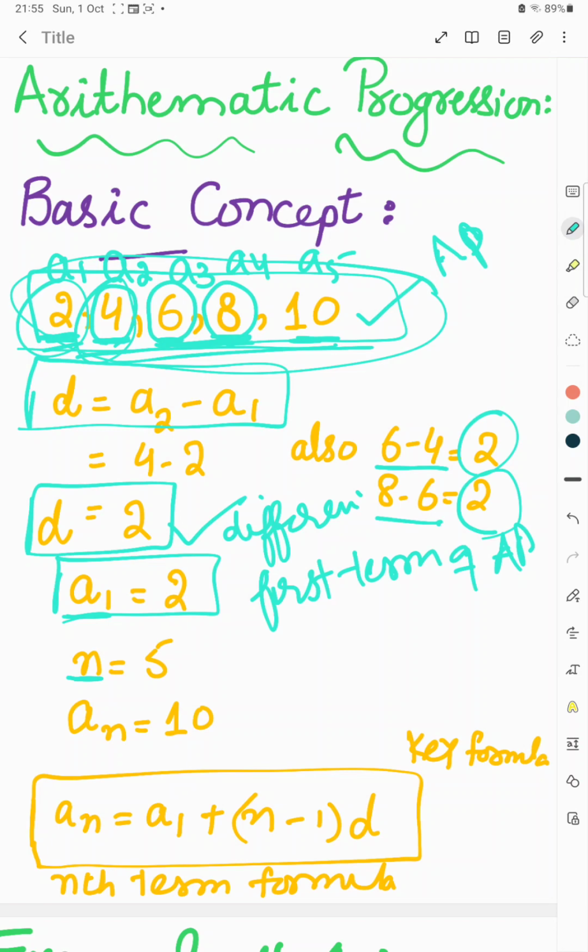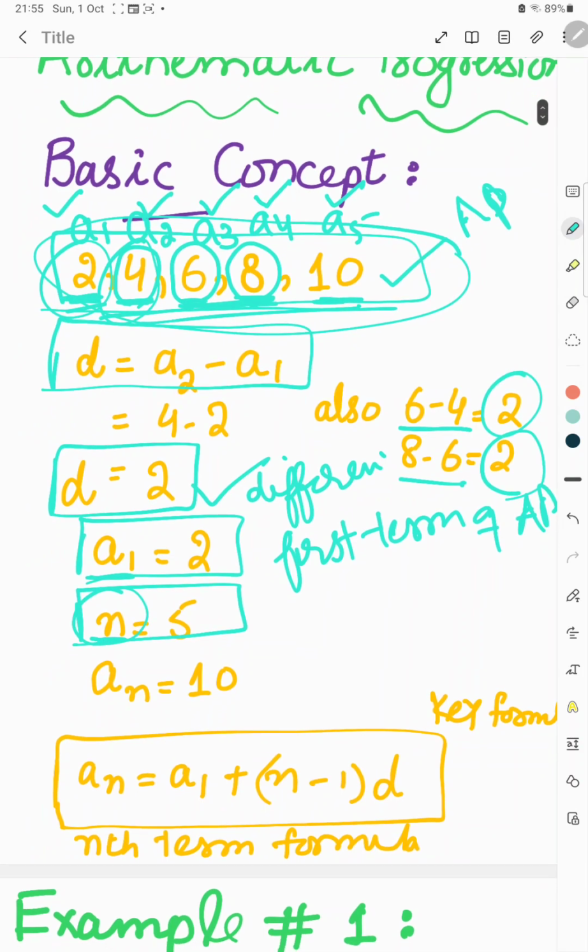So how will you find this? You have to just count the terms in the given arithmetic progression. So here is one term, second term, third, 4, 5. So the number of terms is 5. So here n is equal to 5. So always remember that n is the number of terms in the arithmetic progression. And what is an now? An is the last term of the sequence or progression.